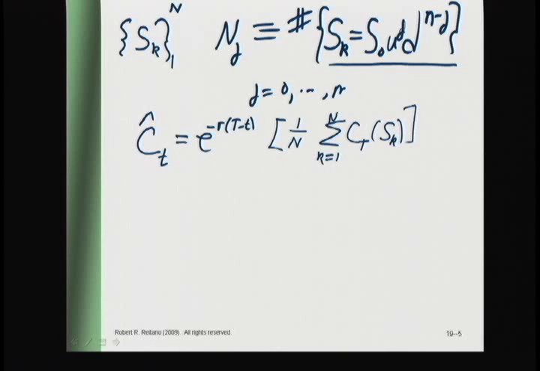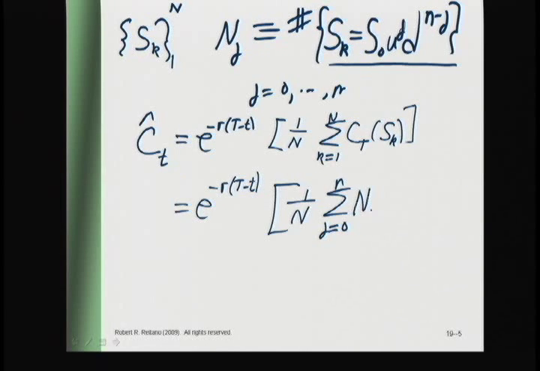But now if I put all of those stock prices into my buckets, I can rewrite this. It's going to be a lot of duplication. I can now convert this summation from 0 to n, and I have N_j times C with the correct stock price, S0 u^j d^(n-j).